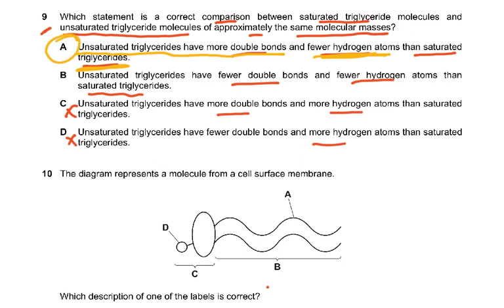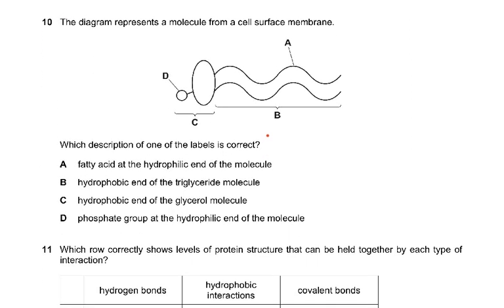Then coming to question number 10, the diagram represents a molecule from a cell surface membrane. Which description of one of the labels is correct? Fatty acid at the hydrophilic end of the molecule, hydrophobic end of the triglyceride molecule, hydrophobic end of the glycerol molecule, phosphate group at the hydrophilic end of the molecule.